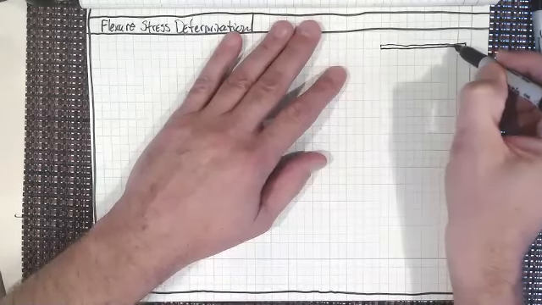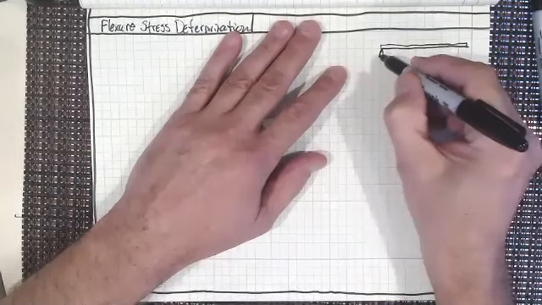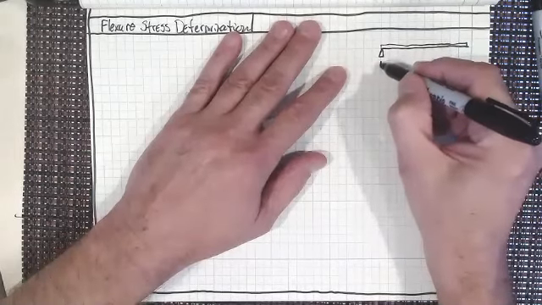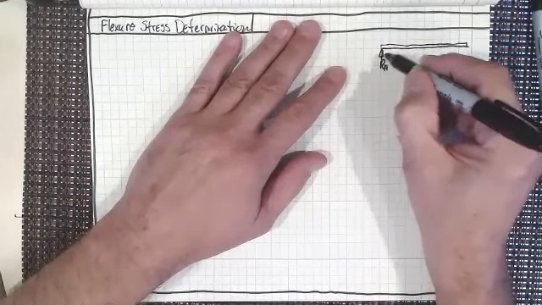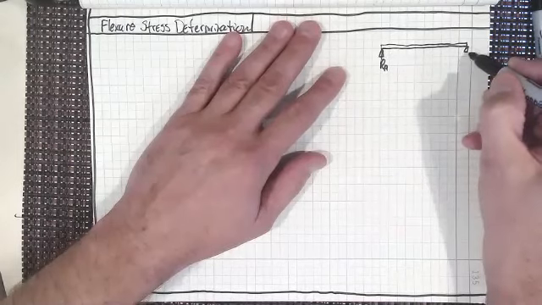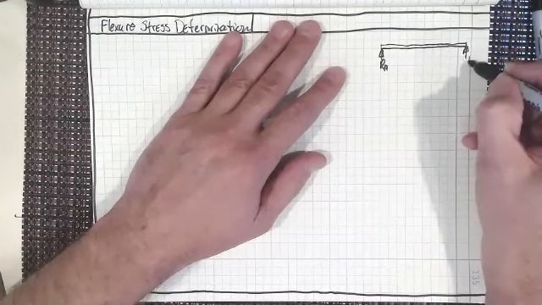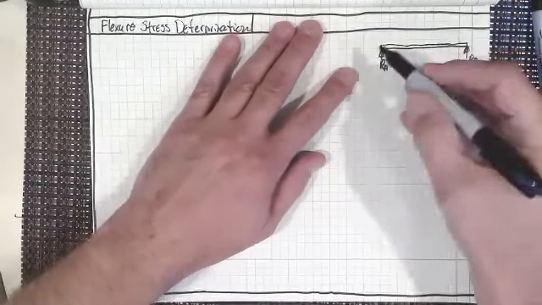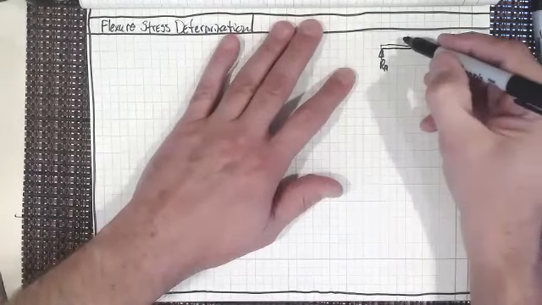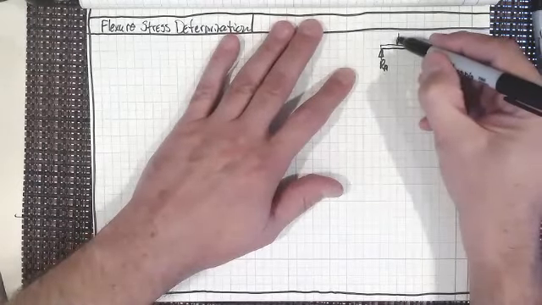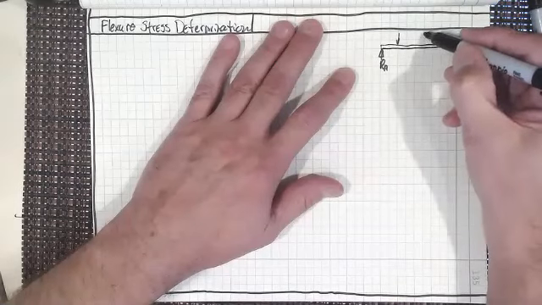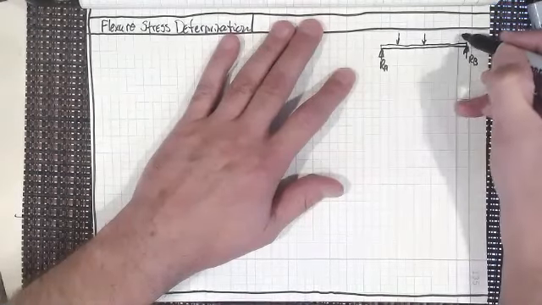All right. We've got 2 reactionary forces, R sub A, just like we have always worked with before, R sub B. And we've got 3 forces that are actually symmetrically placed on this beam.